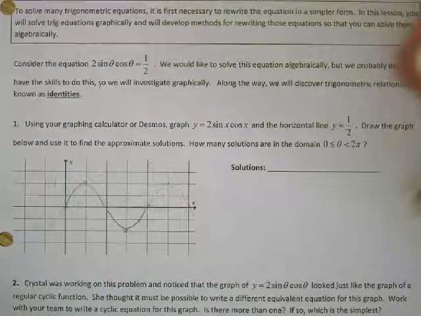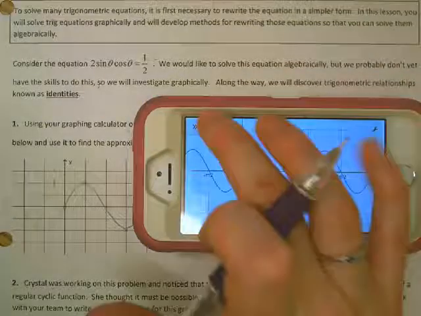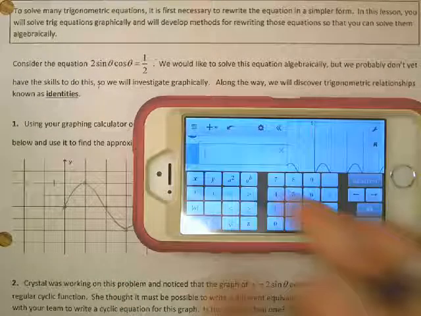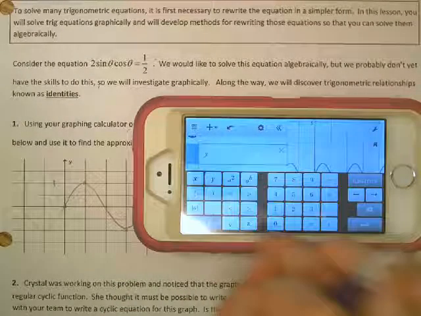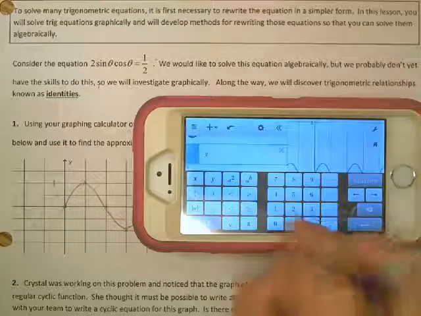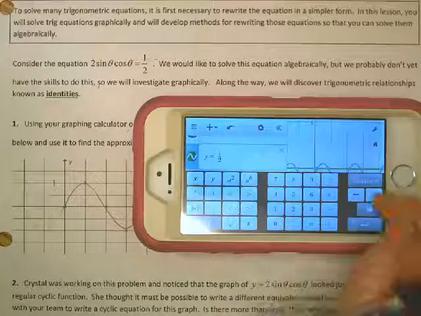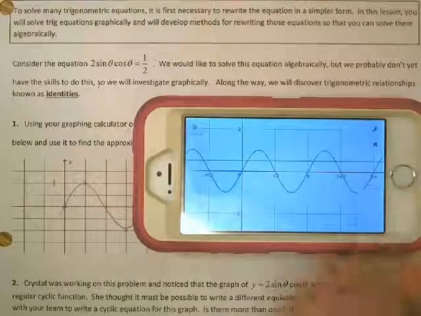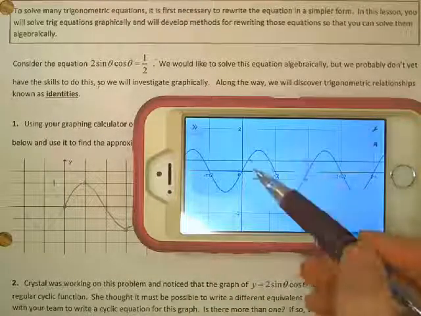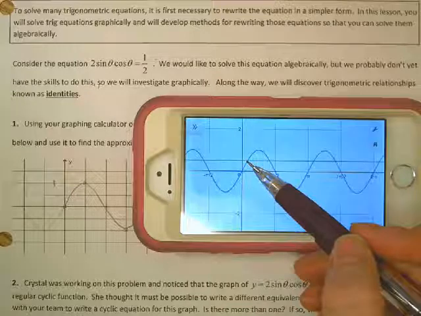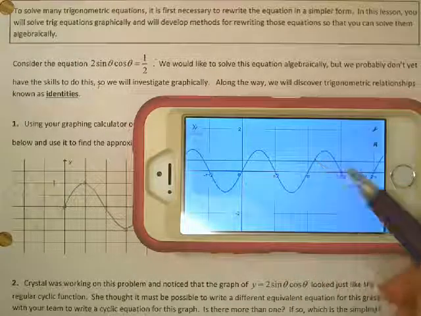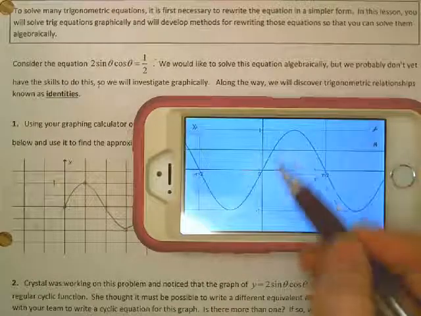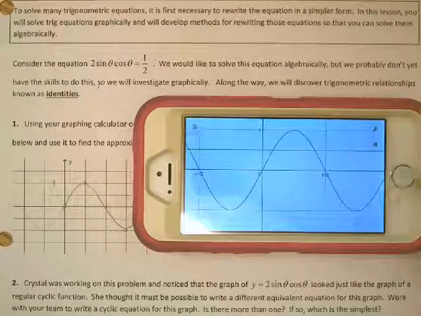And then if I also graph a second one, y equals 1/2, and that just gives me that line. That's the solving graphically part that we haven't done for a while. But when I graph both sides of that equation, I'm given these points along here where that happens to work out, and we know those are our actual answers.